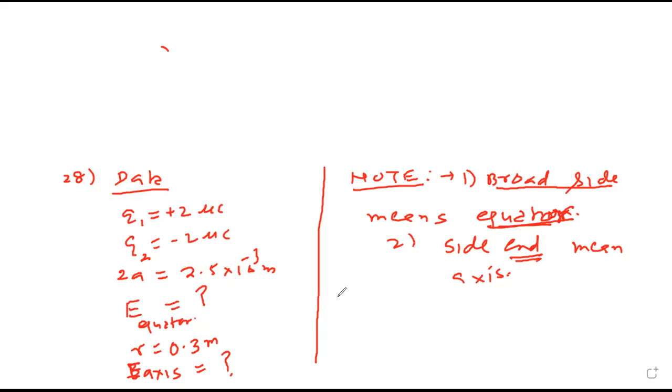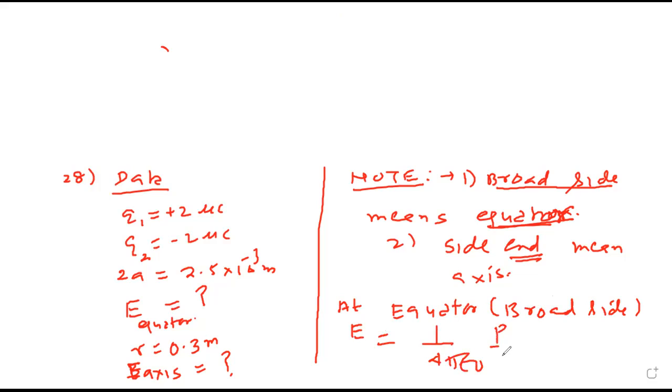Broadside is equator. So I will write at equator, that means broadside. Formula for intensity is 1 upon 4 pi epsilon naught P upon R cube.